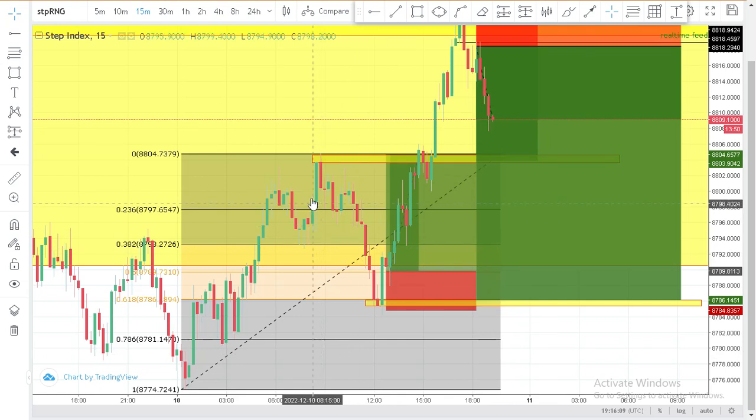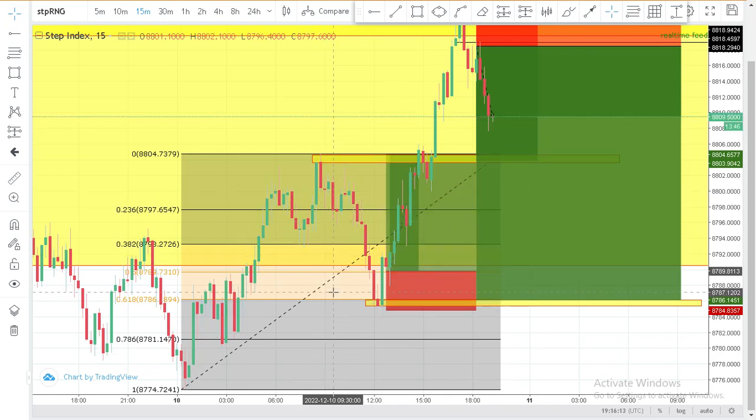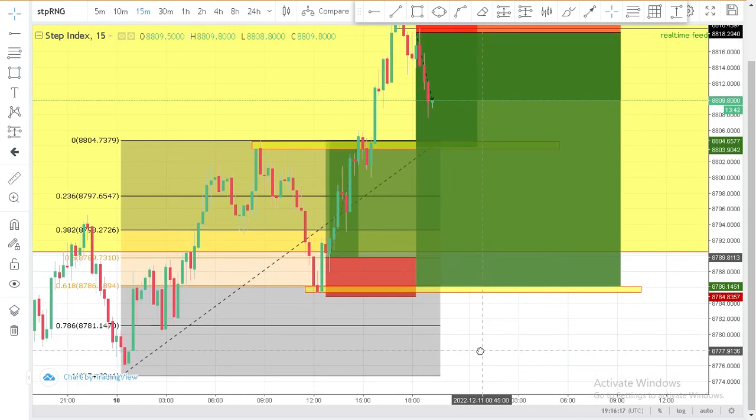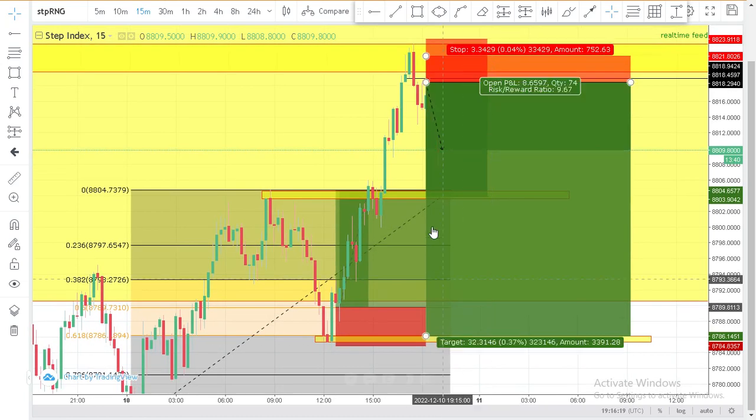Mind you, the thing I said with step index, once it moves in a certain direction, it moves nicely, guys. I won't lie to you, it's very easy. There is nothing hard.